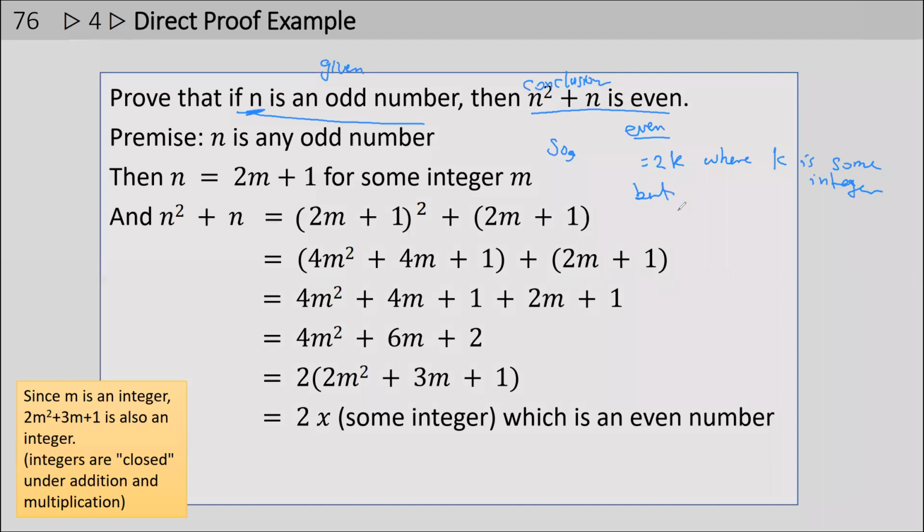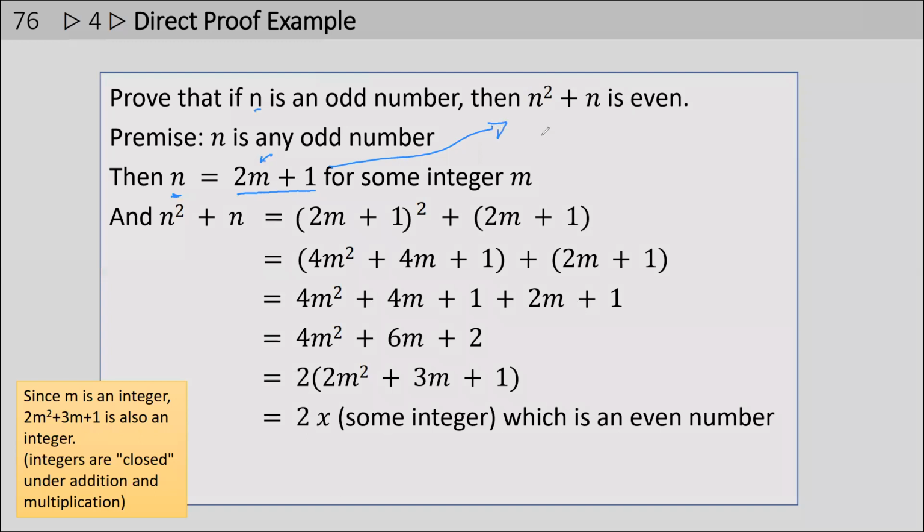But for odd numbers, it could be written as twice k plus 1, where also k is an integer value. So let's get benefit of knowing that n is an odd number. And we assume that because n is an odd number, it will take this form, twice a number plus 1, where this number is an integer, twice m plus 1.